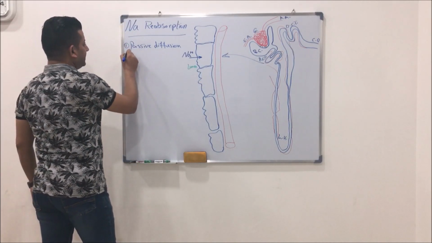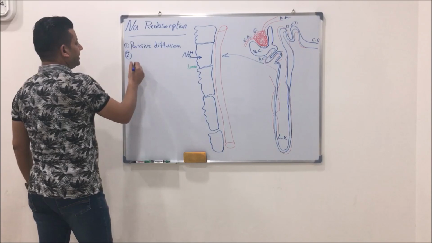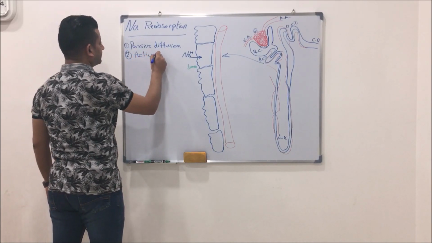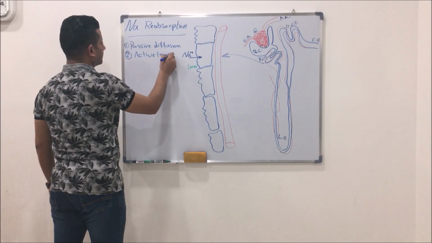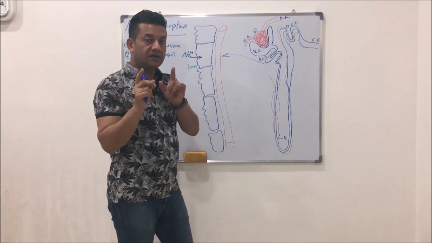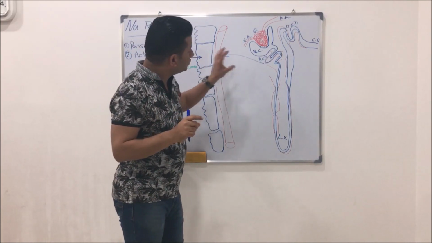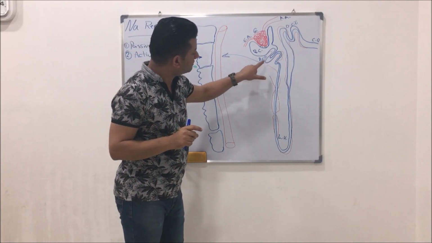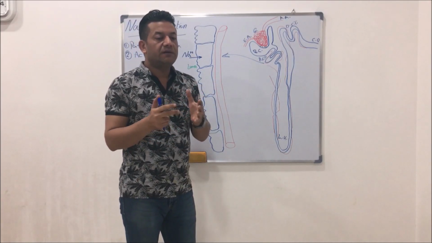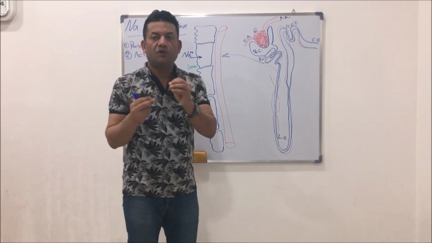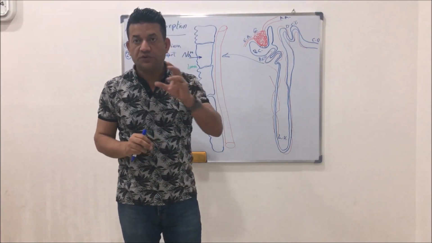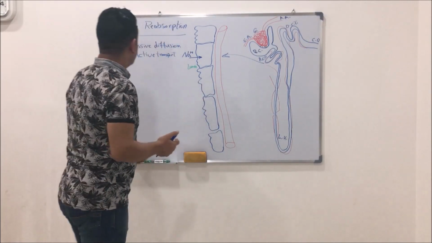The second mechanism is active transport. Note that we are speaking about the reabsorption of sodium in the proximal convoluted tubule. So now we are speaking about the mechanisms of reabsorption of sodium in the proximal convoluted tubules of the renal tubules.